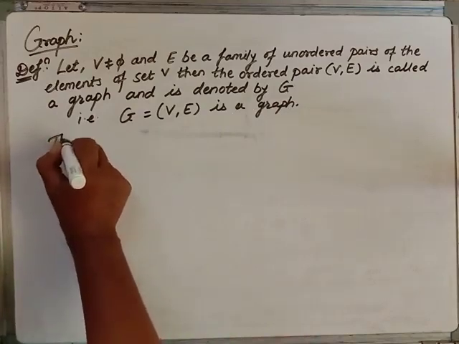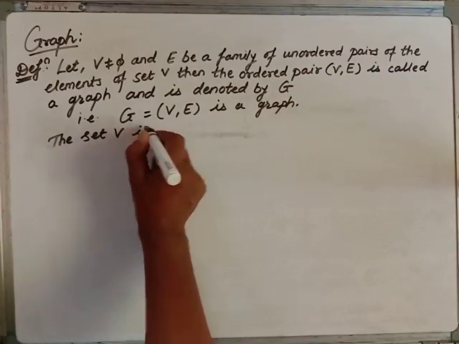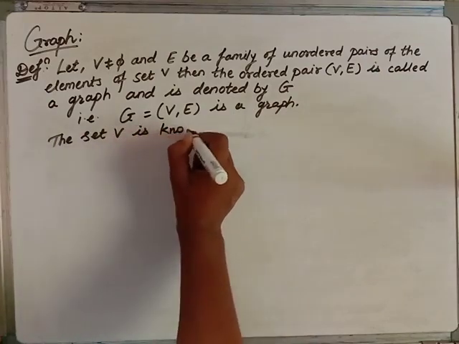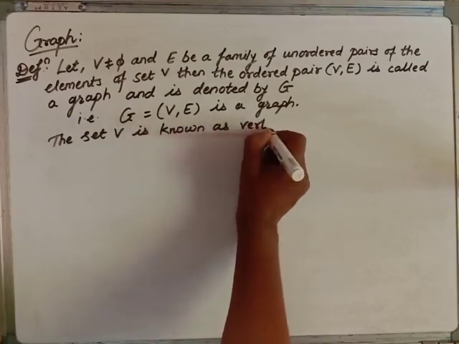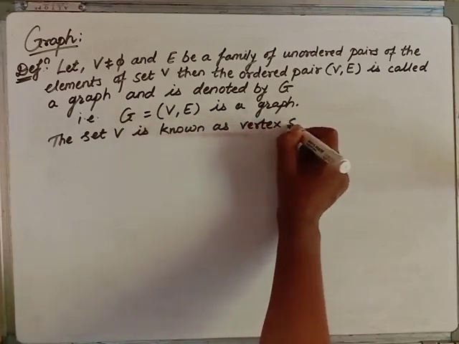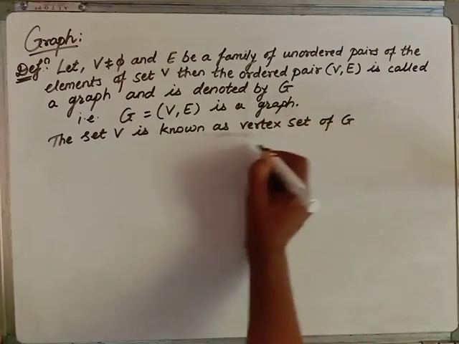The set V is known as the vertex set of G.